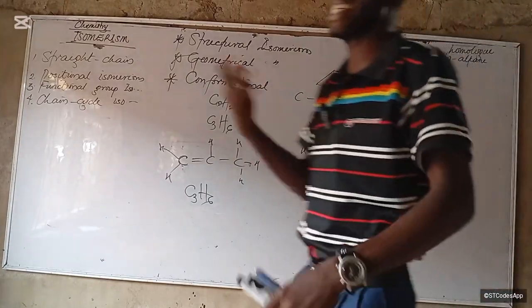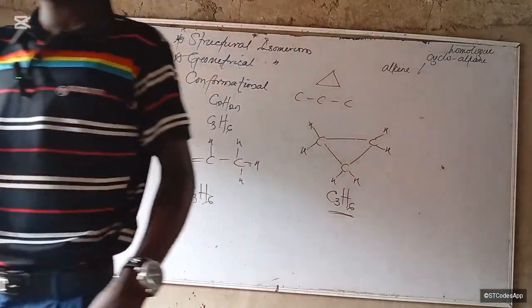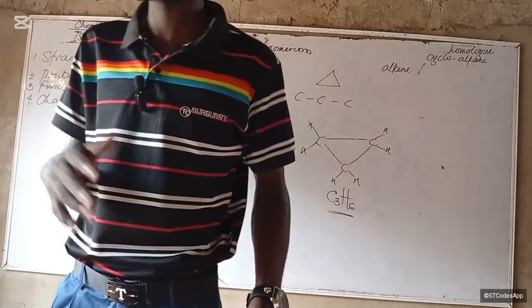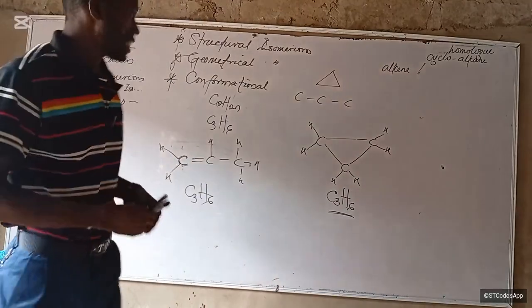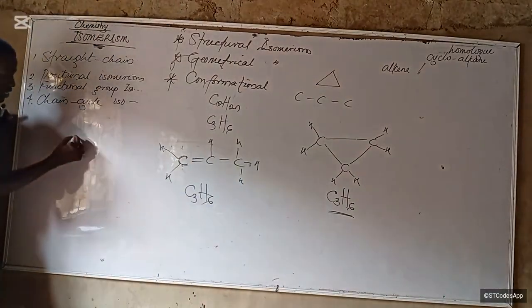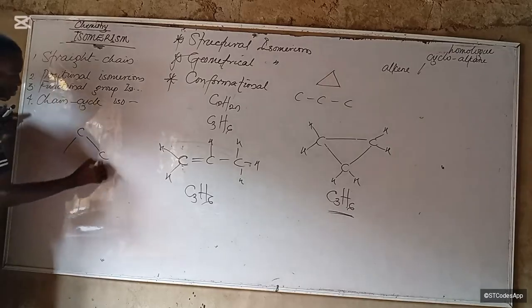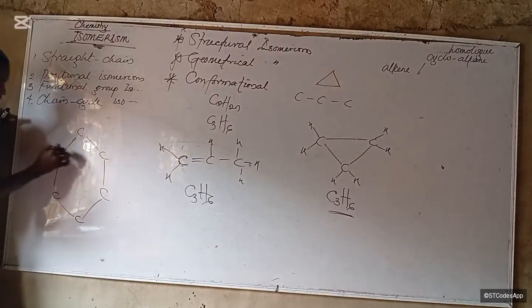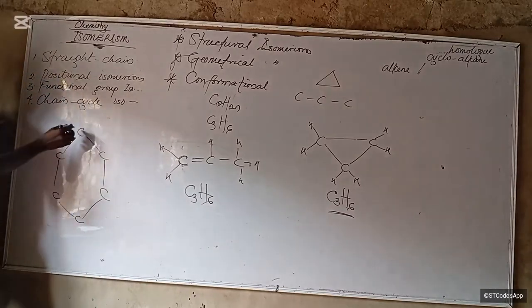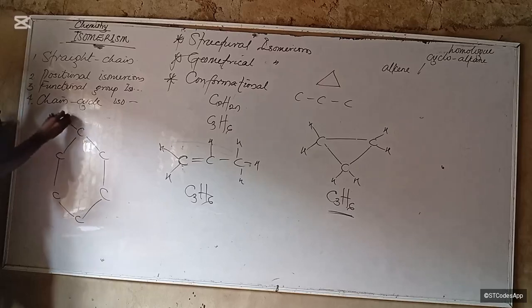So if I say hexene, what will be the isomer of hexene? Cyclohexane. Let's prove that. So we'll just draw a 6 carbon ring, 1, 2, 3, 4, 5, 6. Each carbon has 4 bonds.